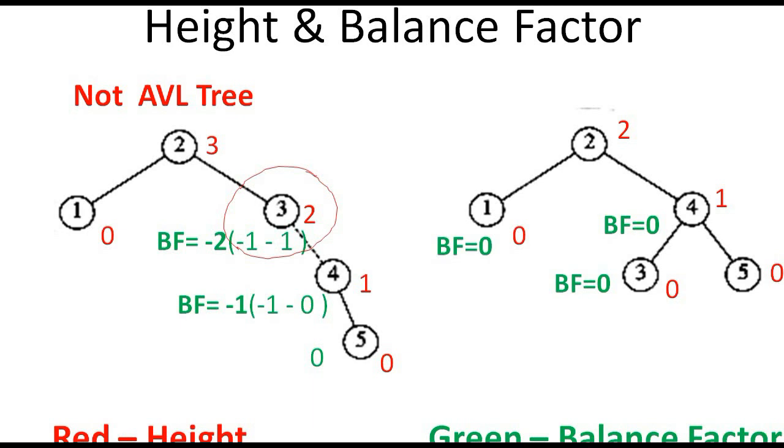The leaf node 1 balance factor is also 0. Then the root node balance factor is 0 minus 1, that is -1. So now this is a complete AVL tree. It is satisfying all the constraints of the AVL tree.